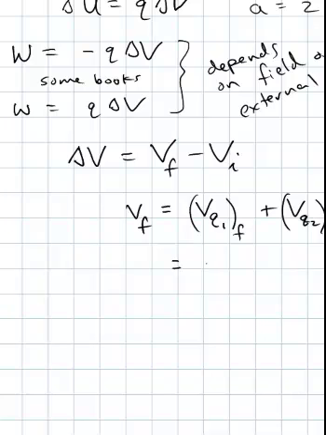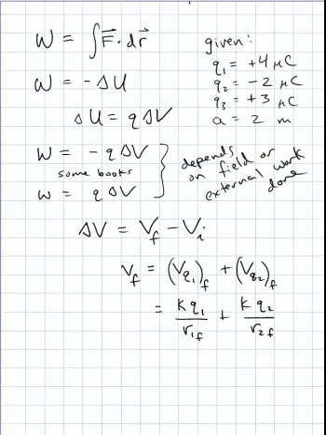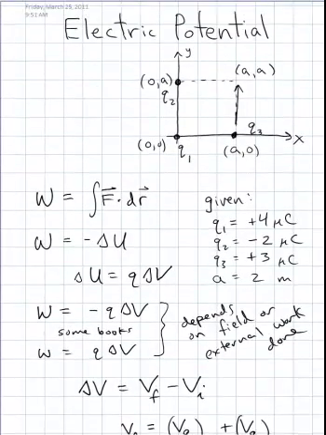And these are point charges, so for potential we can use kQ over R, and the charge is Q1, over R1 final, plus kQ2 over R2 final. So let me go back and just point to these real quickly on my diagram.